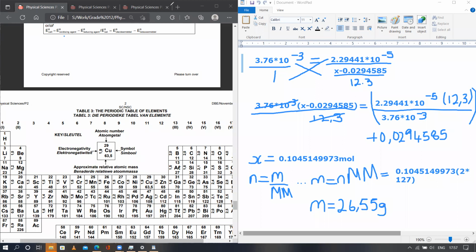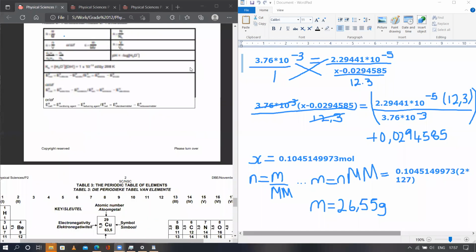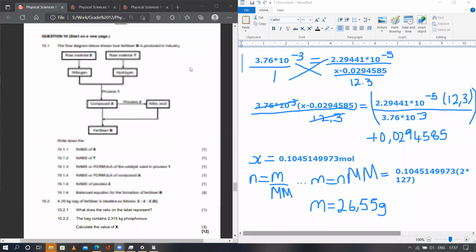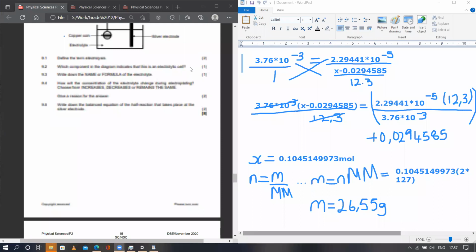So that's gonna be your final answer. That's the mass of iodine molecules that was used.